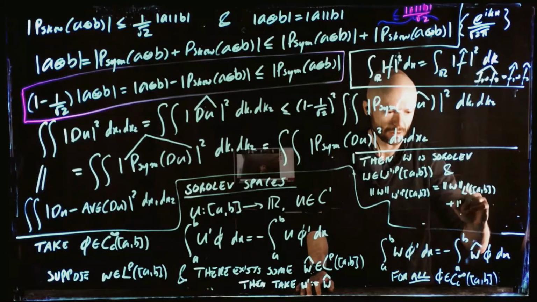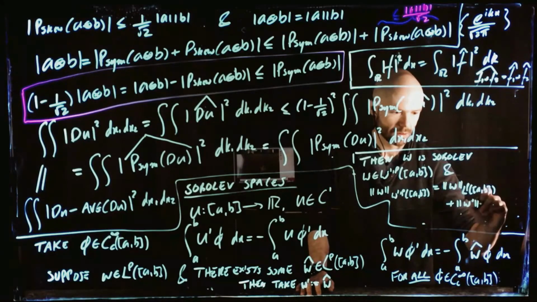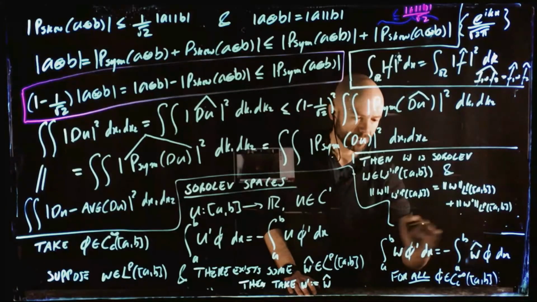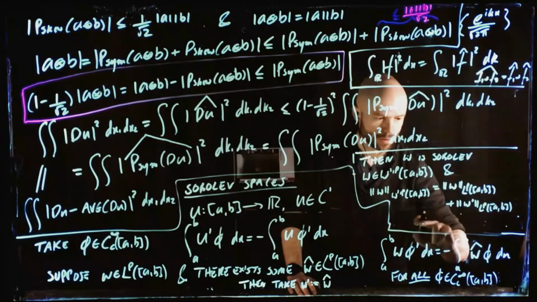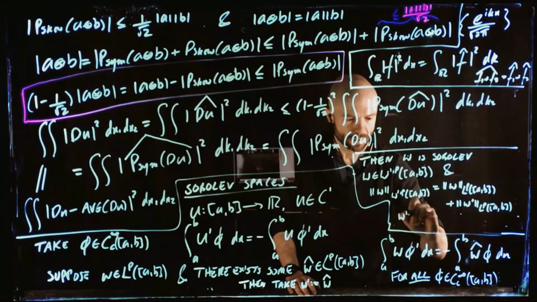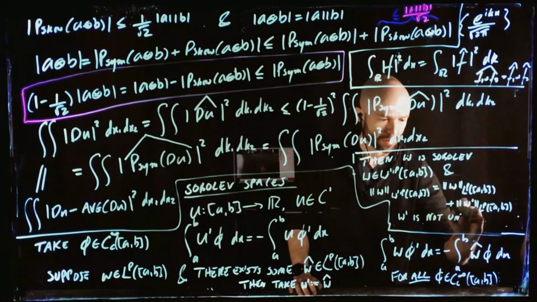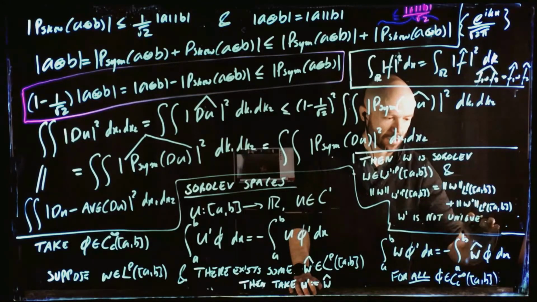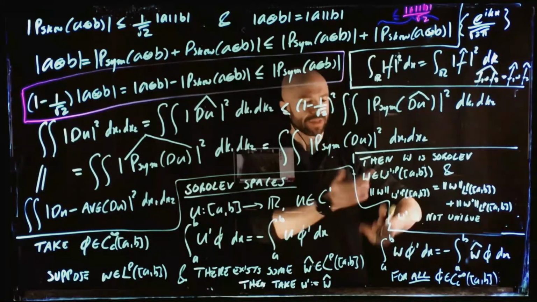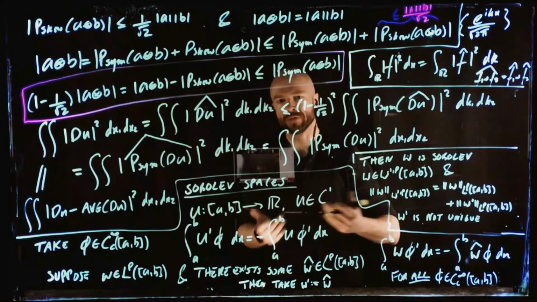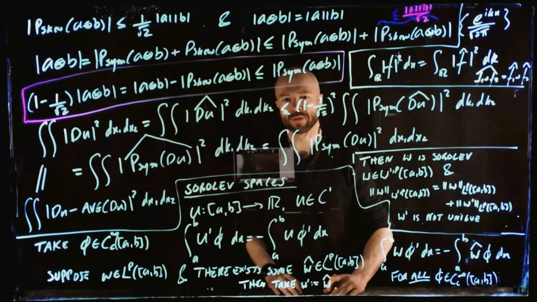W prime is not unique. But there's an equivalence class; things that are equal to it almost everywhere are unique. Just like L^p functions are not unique, but they are fundamentally equivalence classes.